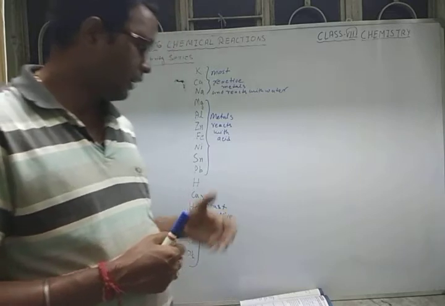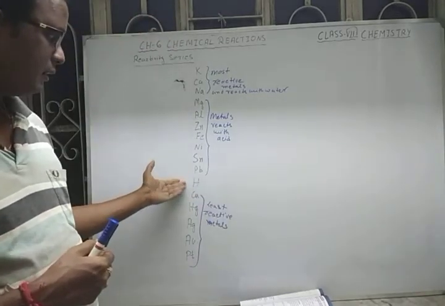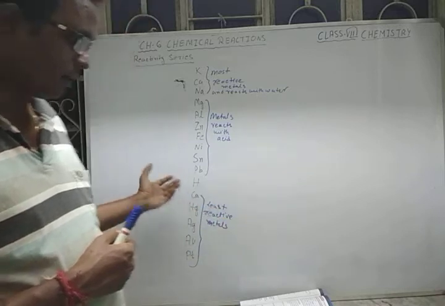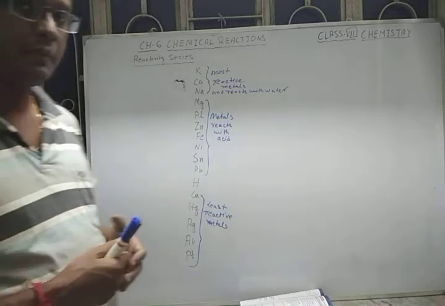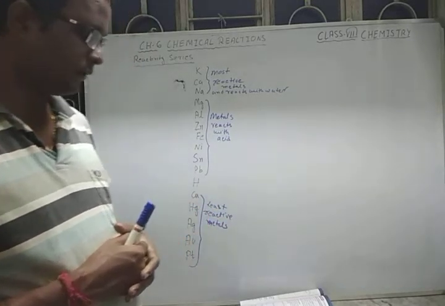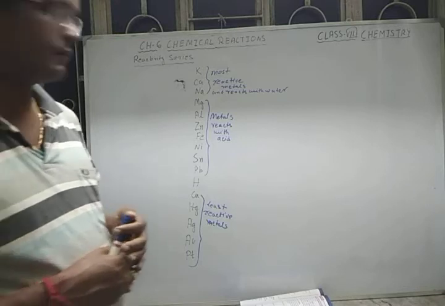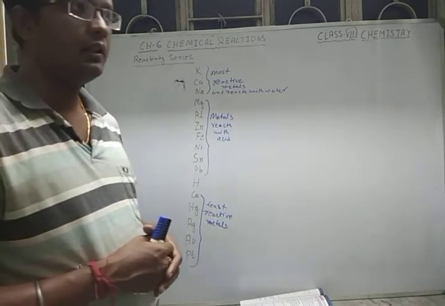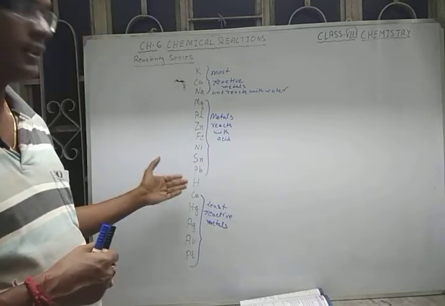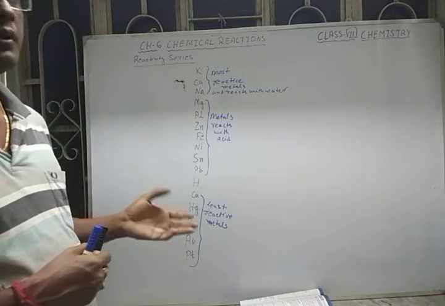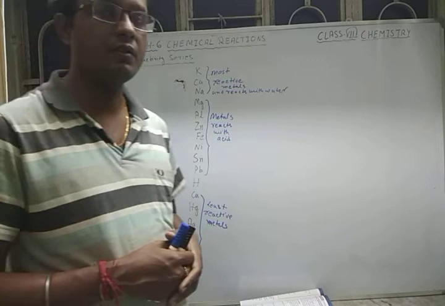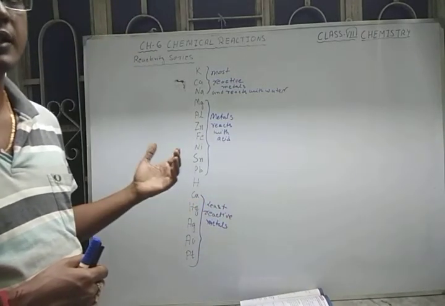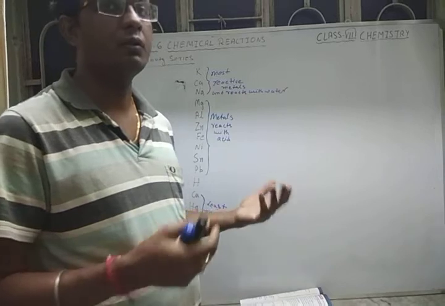Why is hydrogen placed in the metal activity series? Very important. Hydrogen is not a metal, but it is placed there because of some comparisons. It has a tendency to gain electrons sometimes, and to lose electrons also, so sometimes it behaves like a metal and sometimes like a non-metal, but we cannot place it as a metalloid.